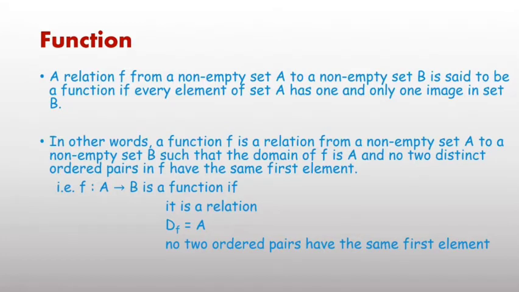That is the first condition. Second condition, domain equal to set A. If f is a function from A to B, then domain equals set A, and no two ordered pairs have the same first element. Then we can say it is a function.